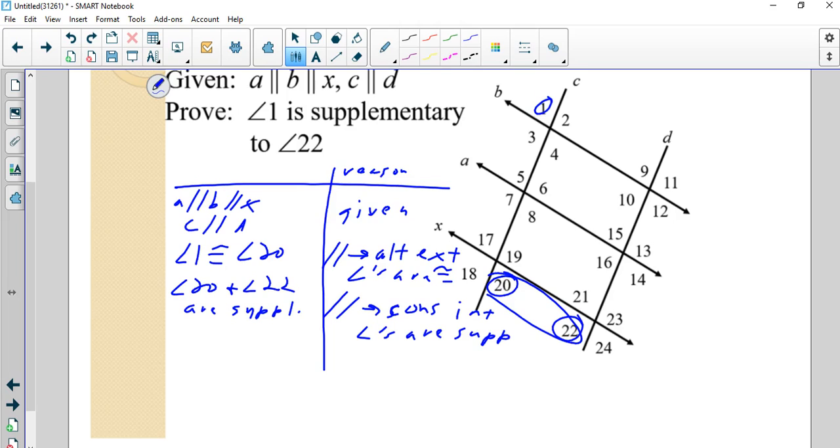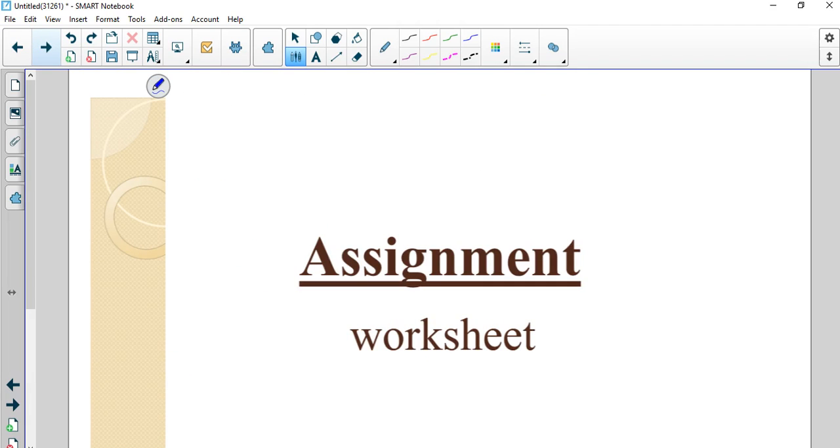And then, again, same idea. Kind of like before we used transitive a lot, now we're going to use substitution a lot. We proved 1 to 20, and 20 and 22 are supplementary. Therefore, angle 1 and angle 22 are supplementary. And we've proven our rule by substitution. And that's it.